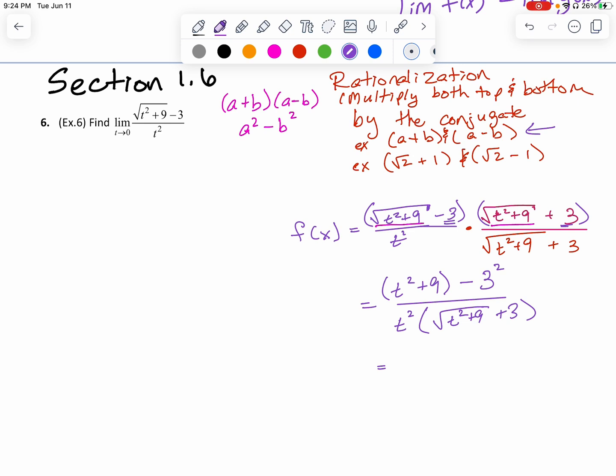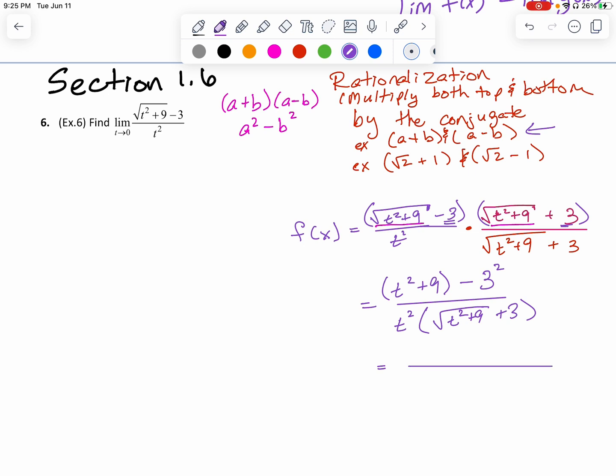Now my square root is out of the numerator, which is good, and I'm not going to worry about the denominator too much because that's going to end up canceling. So let's just keep simplifying the numerator.